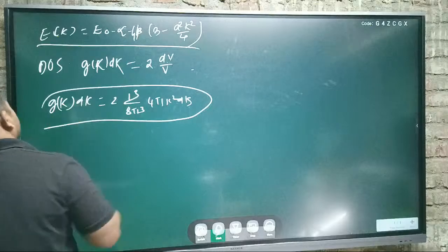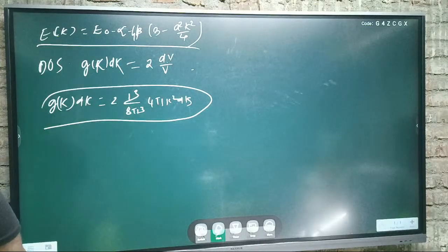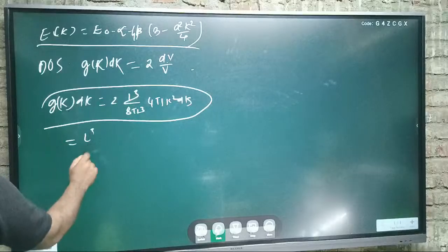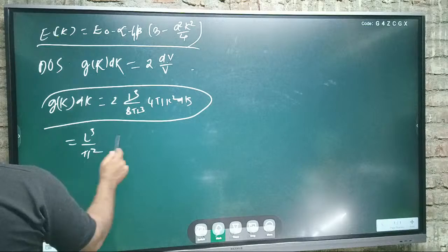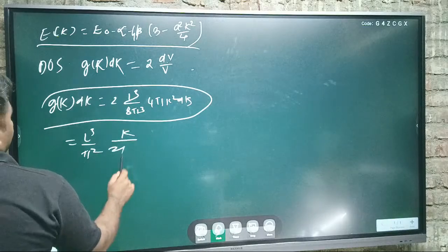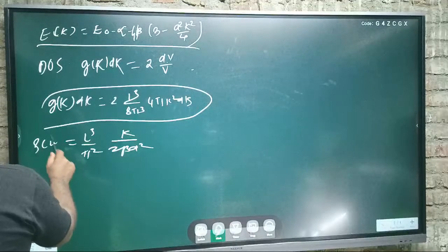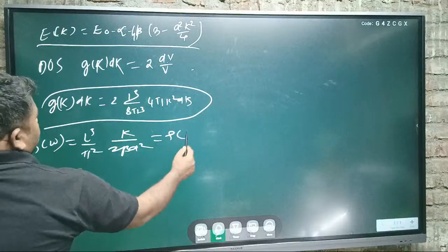We are getting the last term. What is the last term? And what is the k² value? We are getting, I think, L³ upon π² k upon 2βa². This is the value of ρ(ω), or we can write down ρ(E), yes or no?